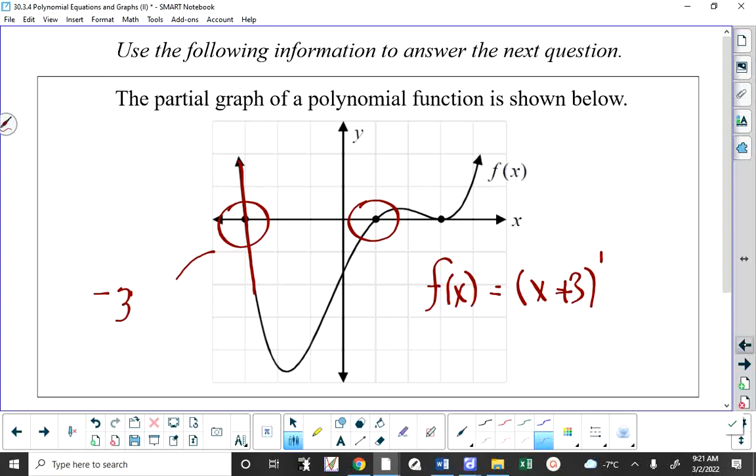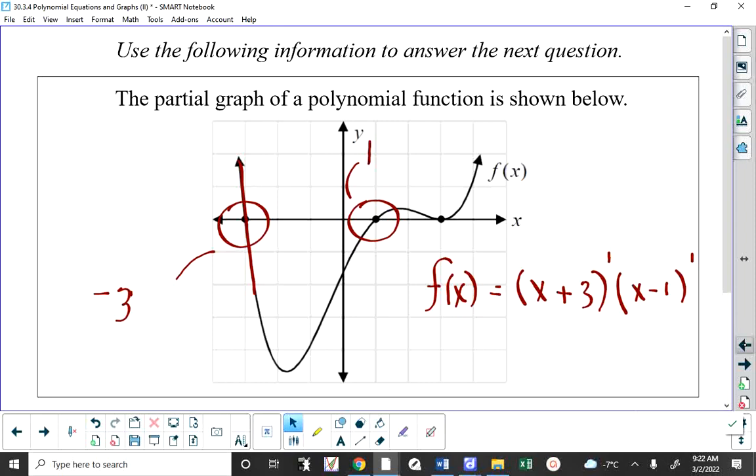If you take a look at this x-intercept here of 1, it also goes through really cleanly, which means that that also has a multiplicity or a degree of 1. And we've learned that if the x-intercept is 1, the factor is x minus 1.